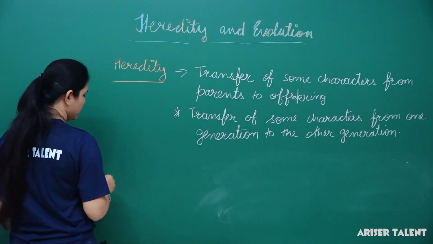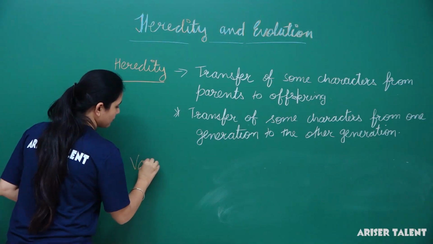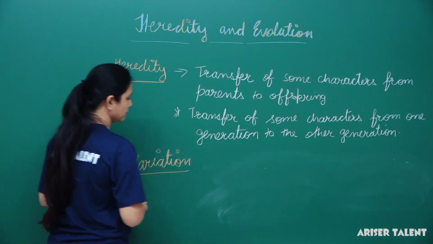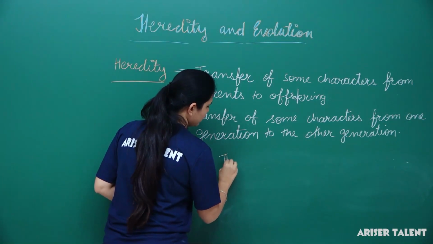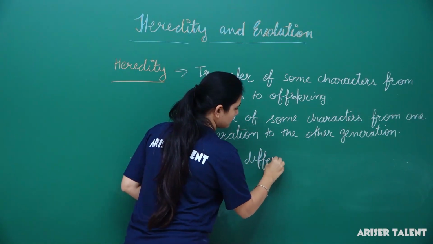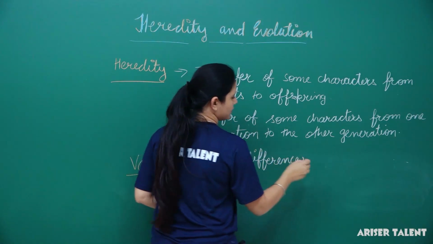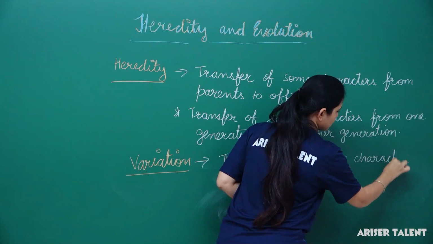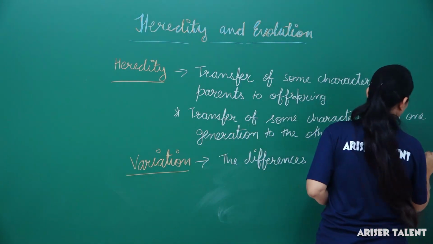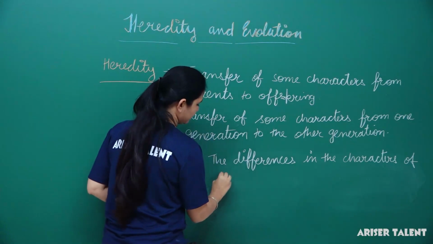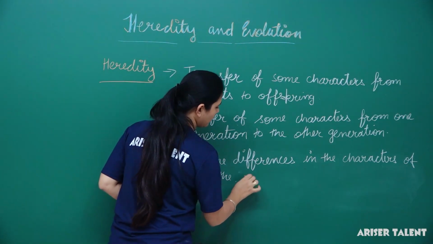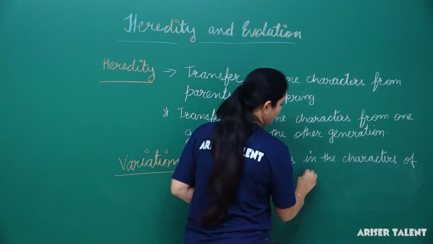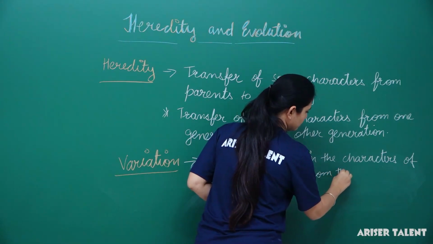So variation means the differences in the characters of the offspring from the parents.